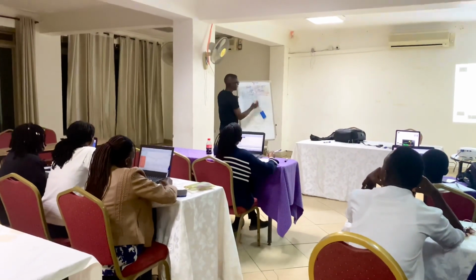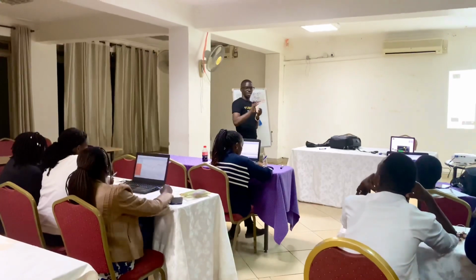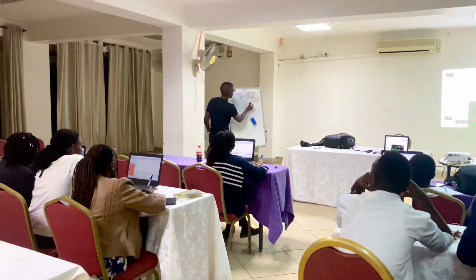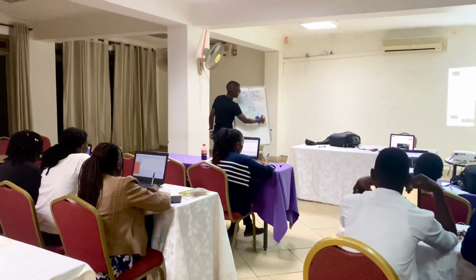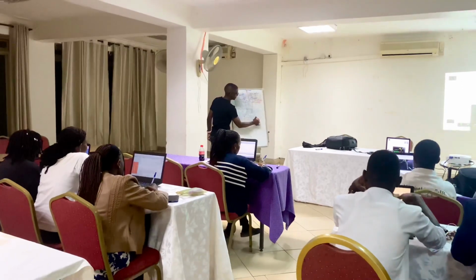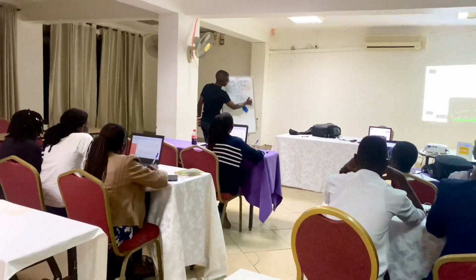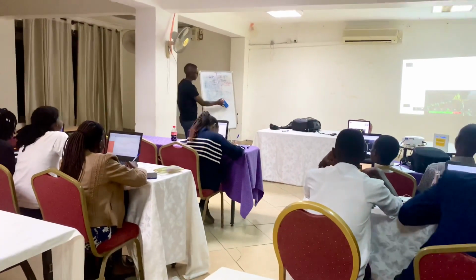This 2,000 pips is drafted as our take profit from our entry point. It means that you also come from here and measure 2,000 what? Pips as your what? Take profit.